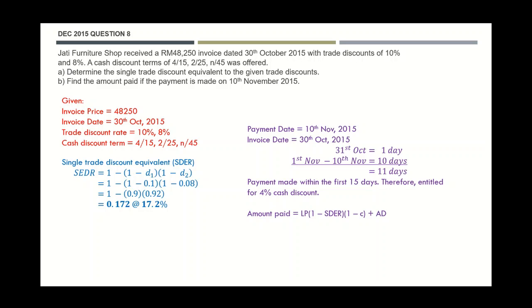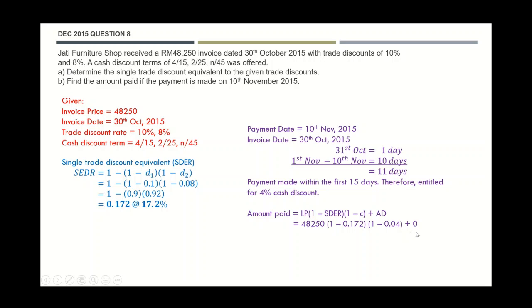So having this formula, substituting the correct values in the formula, you are already given that the list price is 48250. So 1 minus SDR, which just now you have calculated to be 17.2%, so 0.172, and the cash discount is 4%, so 1 minus 0.04, plus 0 because there are no additional charges.